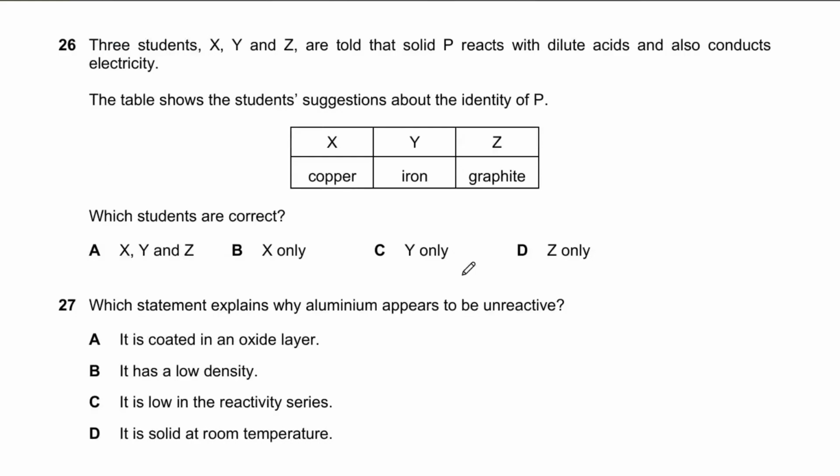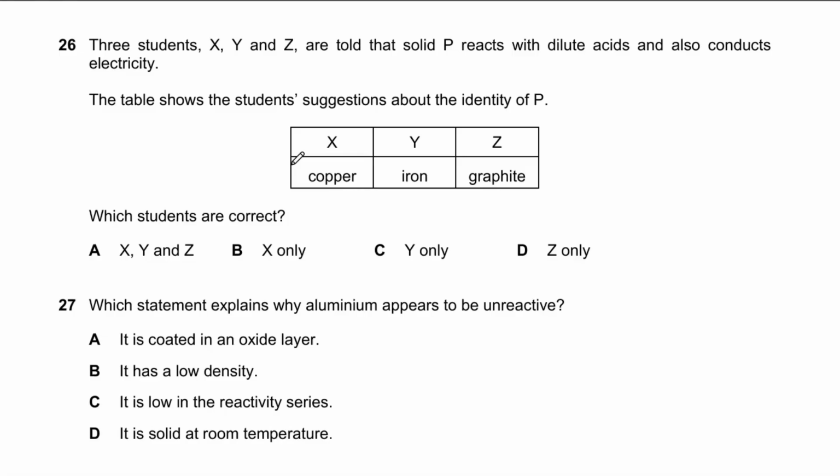Question 26. Three students X, Y, and Z are told that solid P reacts with dilute acid and also conducts electricity. The table shows the students' suggestions about the identity of P. Which students are correct? So let's look at it one after the other. Solid P reacts with dilute acid and conducts electricity. Now, which material fits? Let's start with copper.